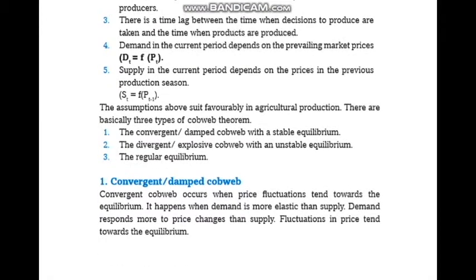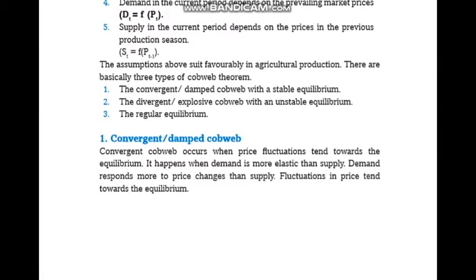There is a time lag between the time when decisions to produce are taken and the time when products are produced. So demand in the current period depends on the prevailing market prices, Dt = Pt. Supply in the current period depends on the prices in the previous production season.